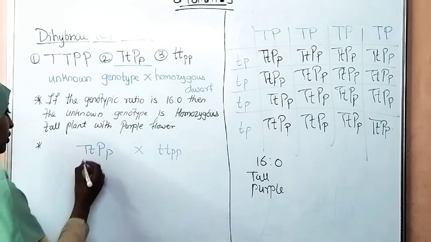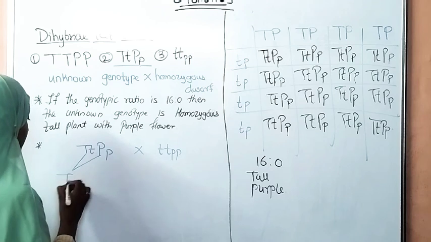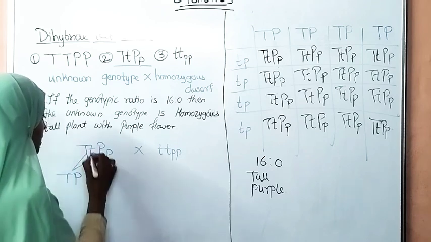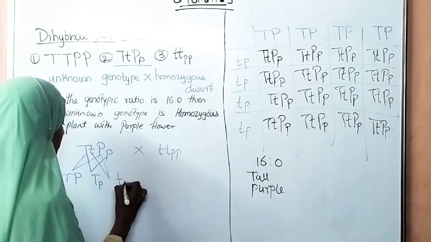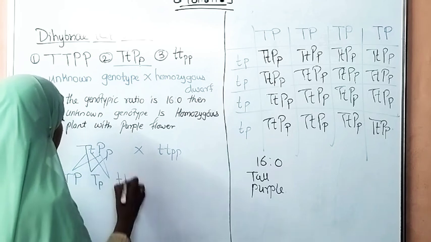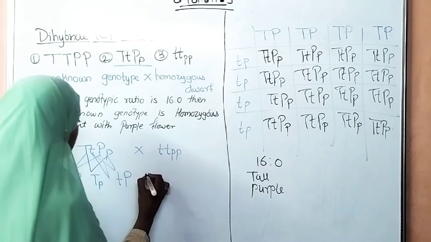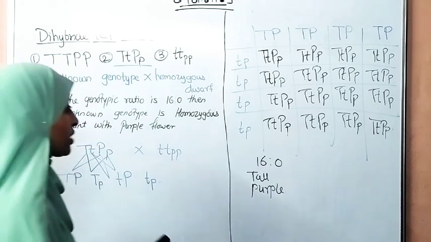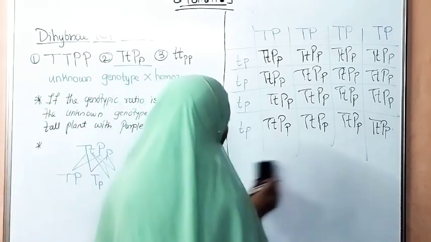If we find the alleles, they are capital T, capital P, capital T, small p, small t, capital P, and small t, small p with white flower. Okay, now see here, we are going to solve it.